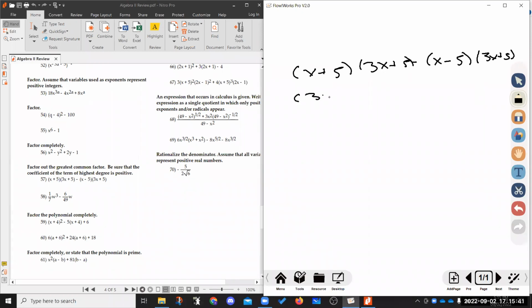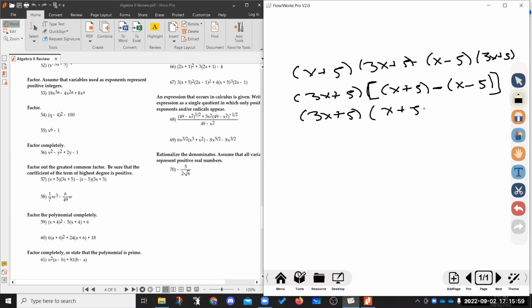So when we pull out the 3x plus 5, we'll be left with x plus 5 minus x minus 5. It's going to give me 3x plus 5 times x plus 5 minus x plus 5. X minus x is 0. This leaves me with 10 times 3x plus 5.